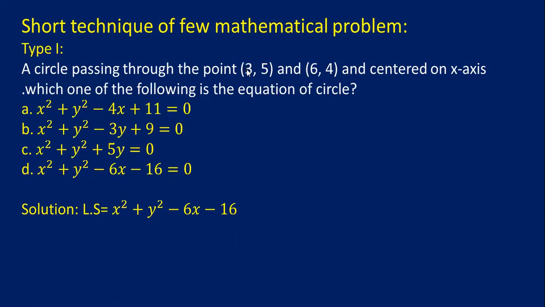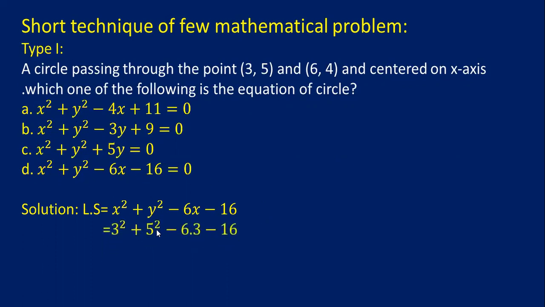Now (3, 5). If we use 3 and 5 here, 3 squared plus 5 squared is 34, minus 4 into 3, that is 12, plus 11. The right side will not be 0, so this option is not correct. Then we go to option D: x² + y² − 6x − 16.